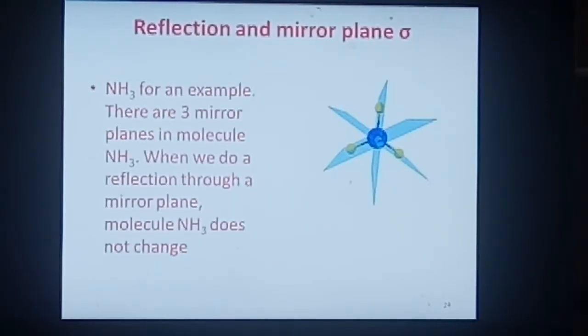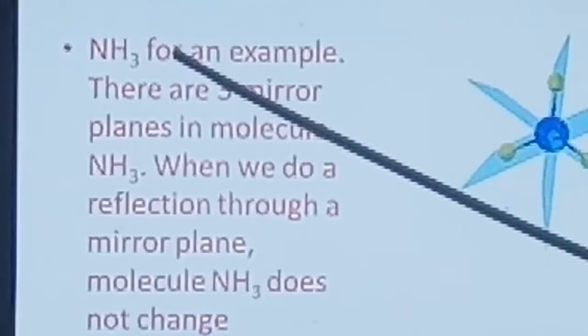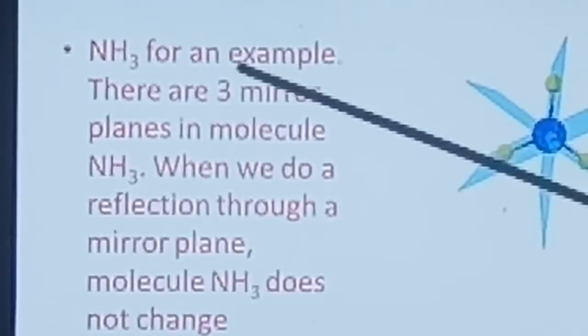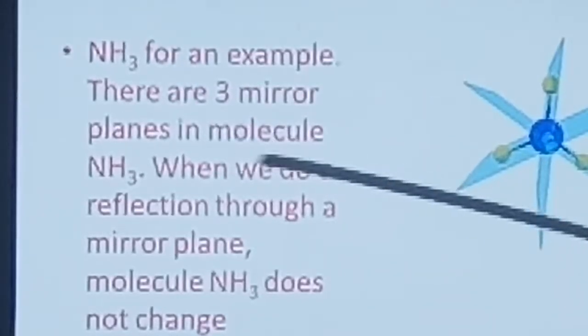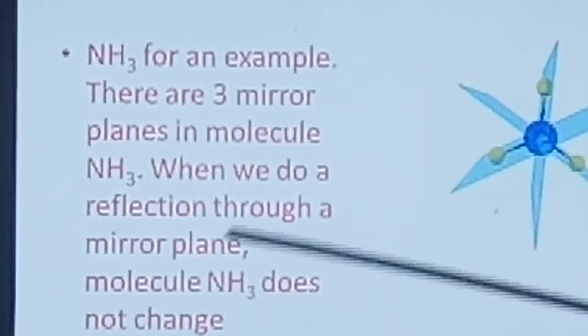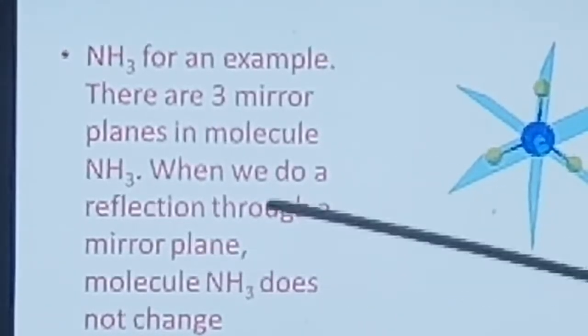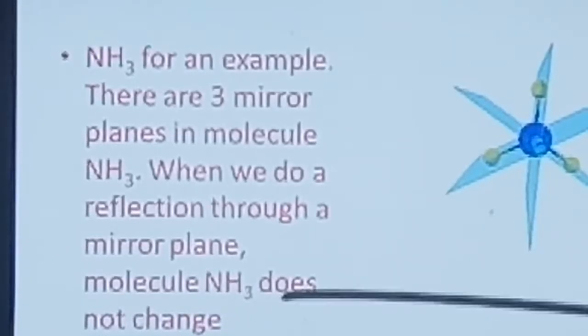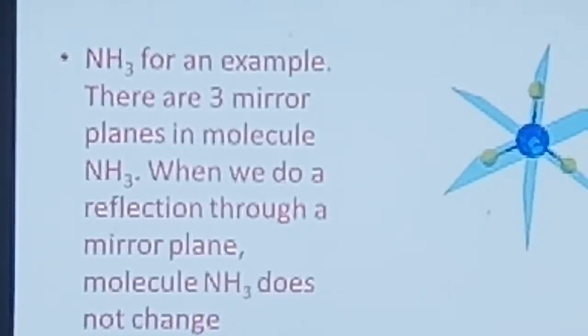Now we will take the reflection and mirror plane again in the ammonia molecule. This is the ammonia molecule, NH3, for example. There are three mirror planes in the ammonia molecule. When we do a reflection through a mirror plane, the molecule NH3 does not change.